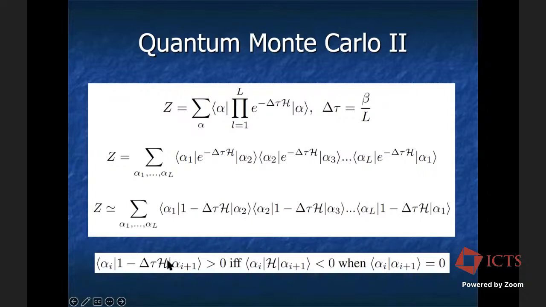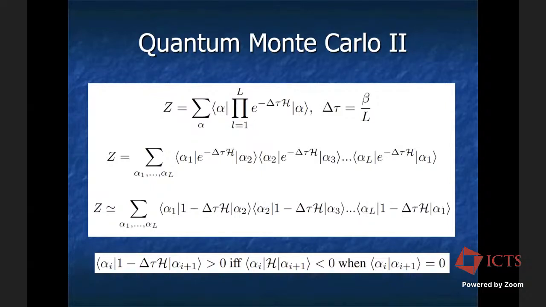So this means that if the matrix element of the Hamiltonian is negative, there is possibility to write the partition function of a quantum problem with only positive signs and make some importance sampling using Monte Carlo, provided all off-diagonal matrix elements of the Hamiltonian are negative or zero. So the minus sign comes when the off-diagonal matrix elements are positive.